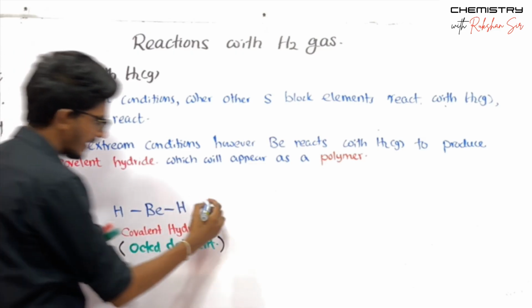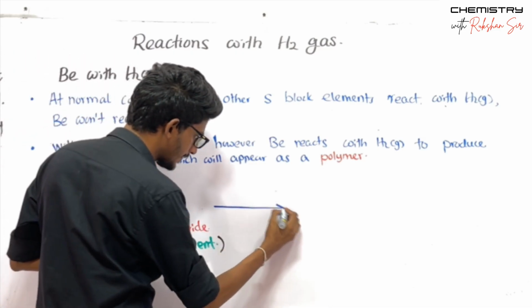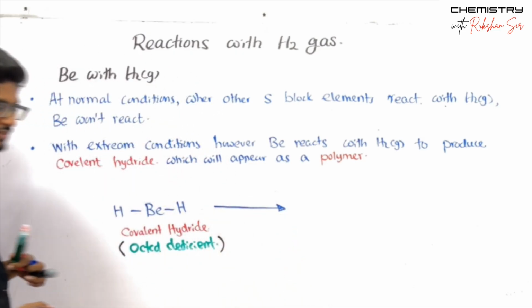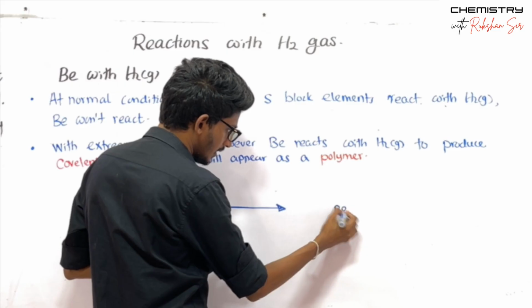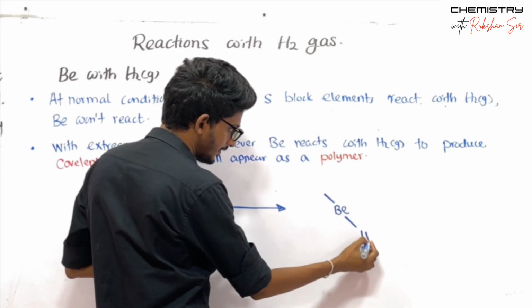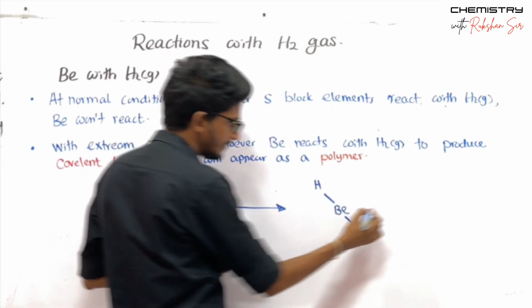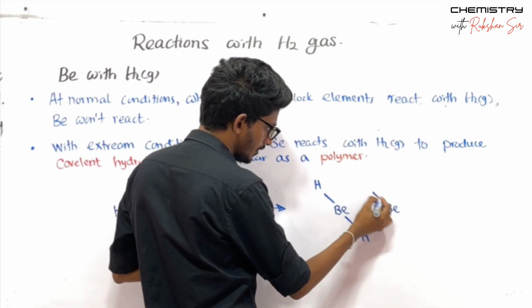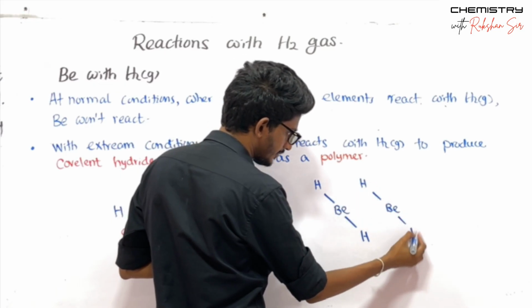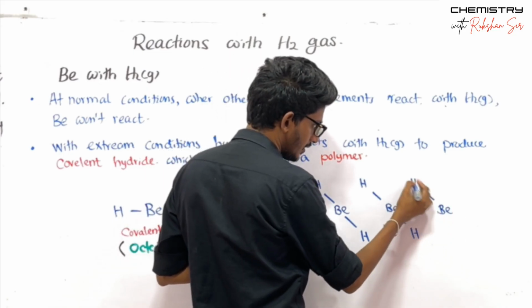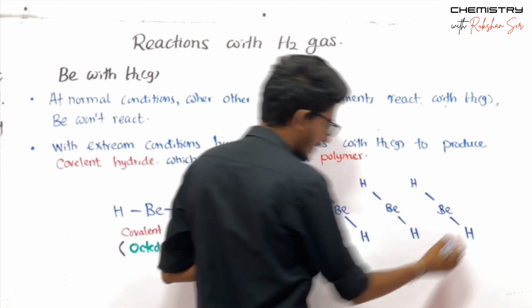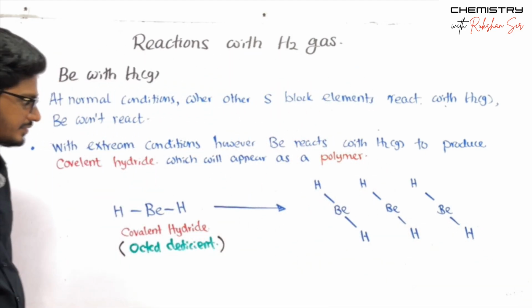As soon as it's produced, to overcome the octet deficiency, it will come up as a polymer like this. These are the beryllium hydride molecules. A bunch of these molecules will connect with each other like this.